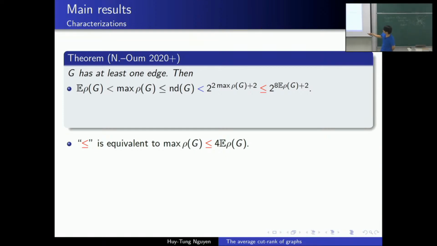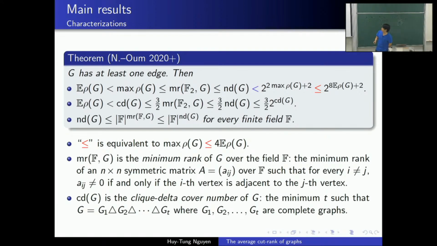And in reality, we have more results. So this looks like a lot, but they are kind of simple and easy. We can put the minimum rank of G over the binary field in the first inequality.